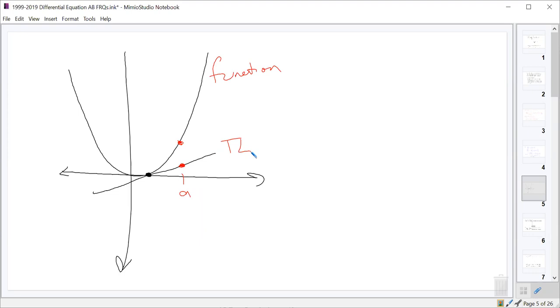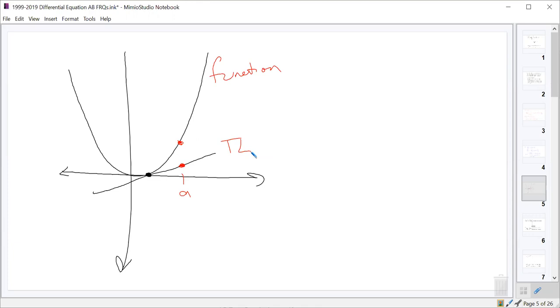The tangent line approximation will always be less than the true value of the function. This is something they love to ask about in the differential equation FRQs. They'll ask about the second derivative, and then you'll have to use that concavity to show something. It will occasionally also show up in other FRQ questions, something about tangent line approximation.